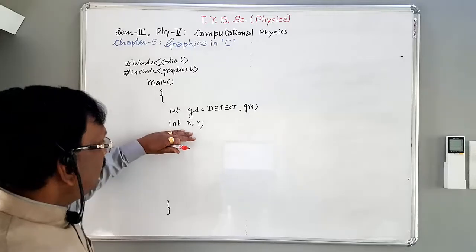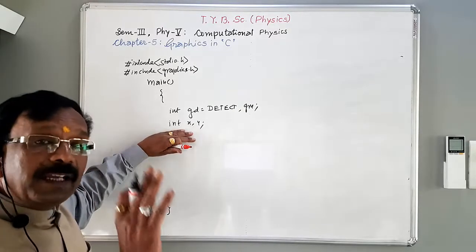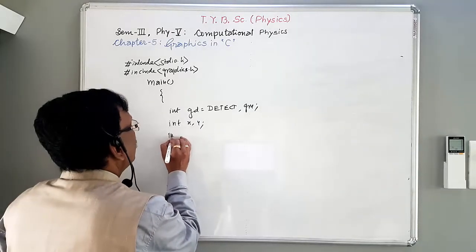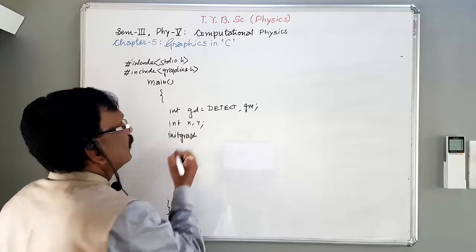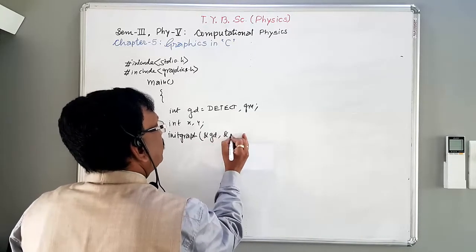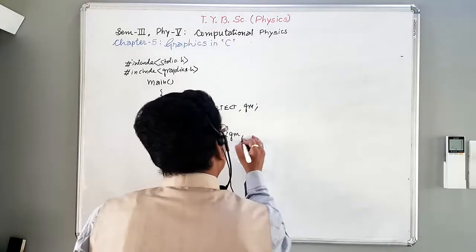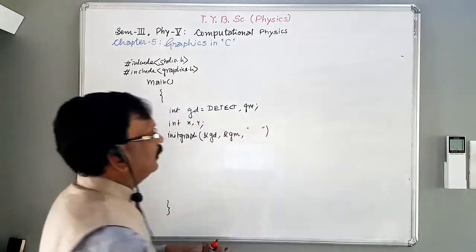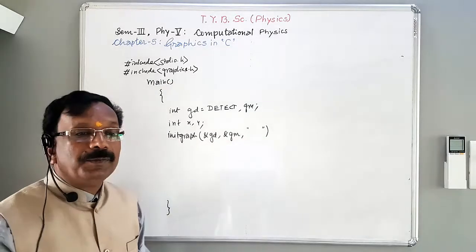Now we declare the two variables, integer x, y. Similar to text mode, in graphic mode we have to initialize, and this is done by initgraph, initgraph and &gd, &gm, and if the current path of the program is in the current directory, here the null operator.